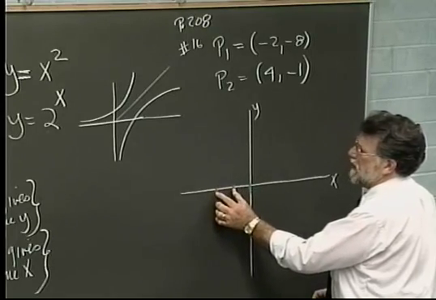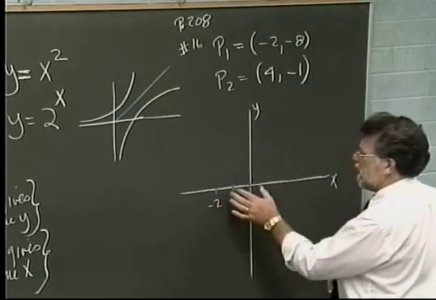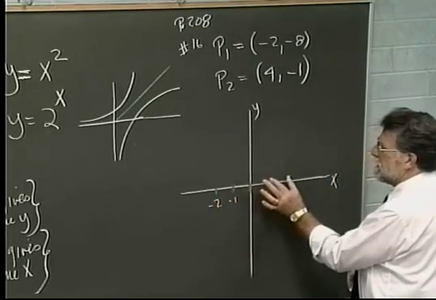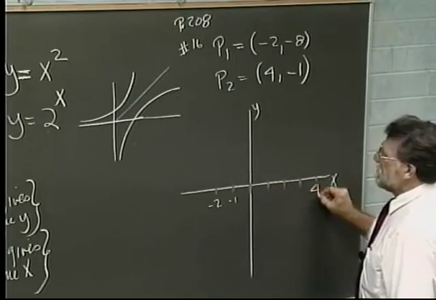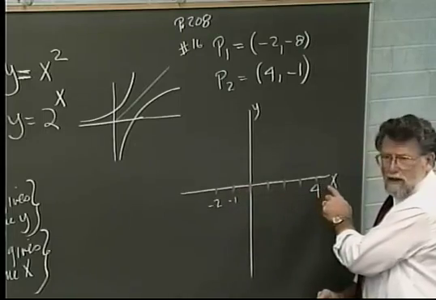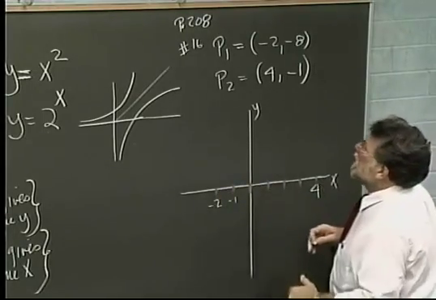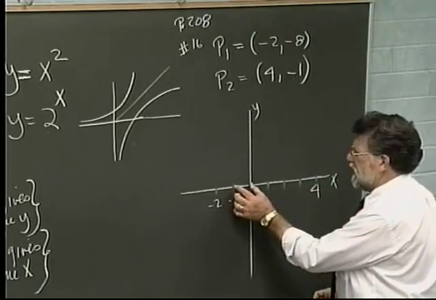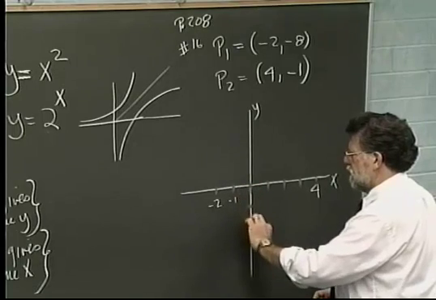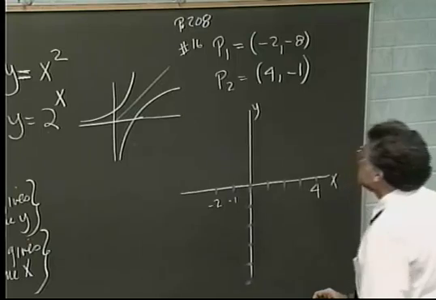I think we can get by with that. So that is going to be -1, -2. Then using the same scale, 1, 2, 3, 4. So this is over at 4. So I've gone from here to here on x. That was an increase. Now I need the same scale here. 1, 2, 3, 4, 5, 6.